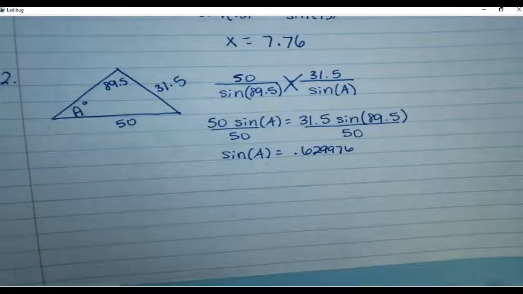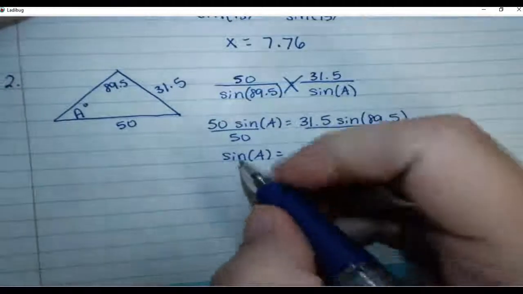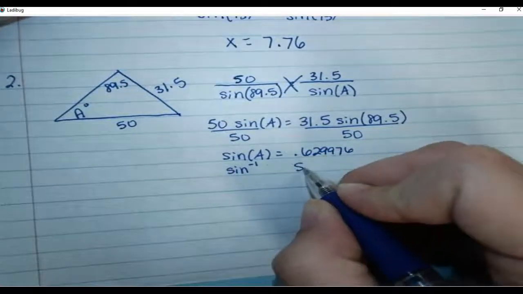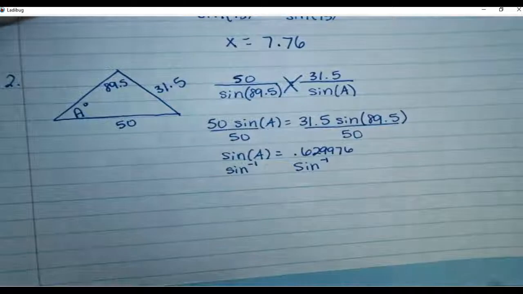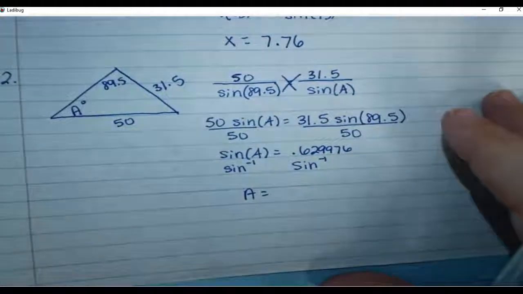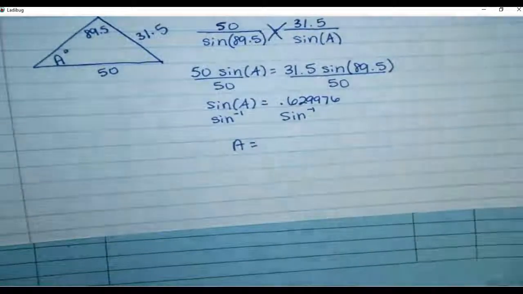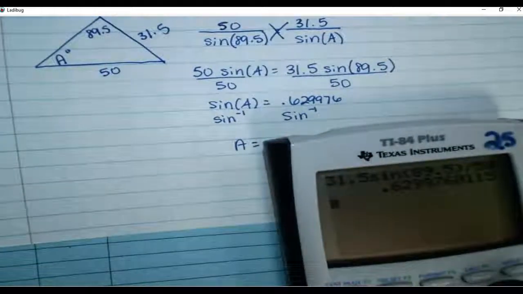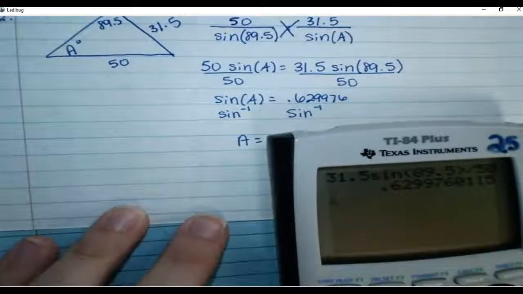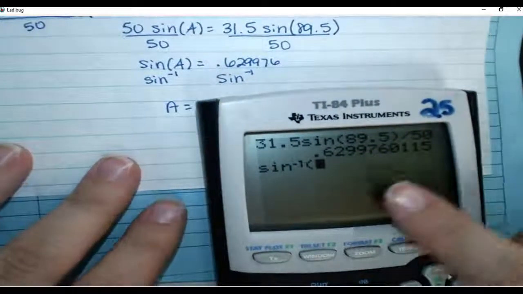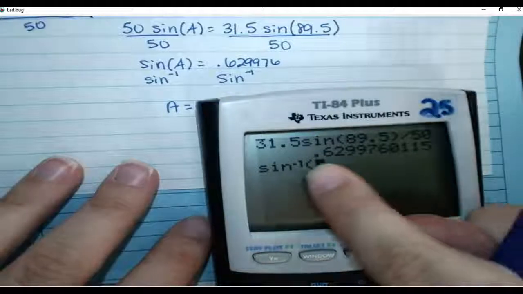But now sine is all by itself, so to get rid of sine we do inverse sine. So sine to the negative 1. Now, if you don't want to lose any decimals at all, what you can do is you can type second sine, and then to get that whole entire decimal, that's your last answer.